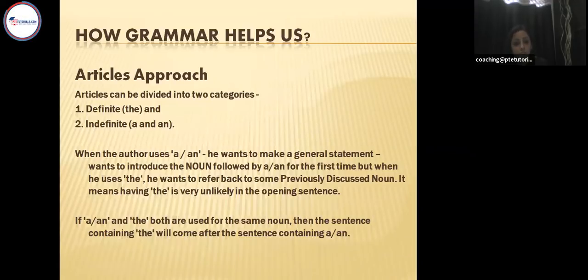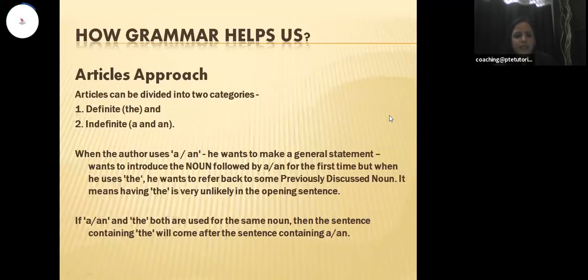In that case, your first opening sentence can be a problem. We are not able to find what will be my opening sentence. So next, how do articles first deal with those 90% cases, and how will articles be helpful for us?